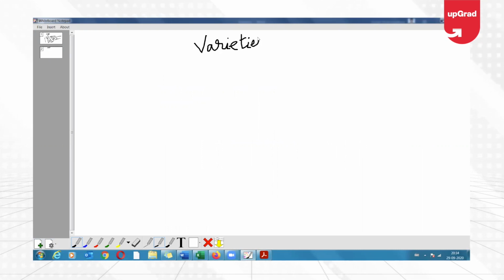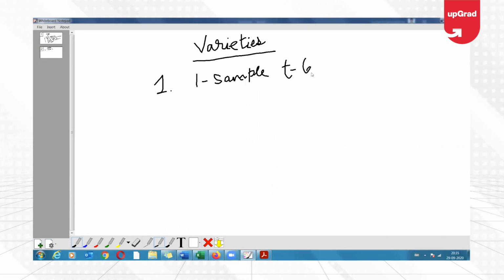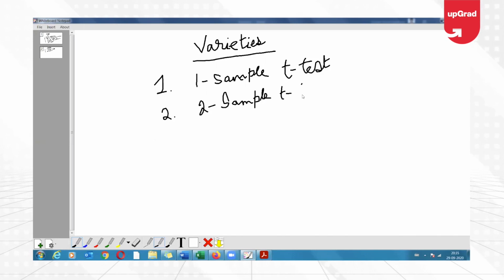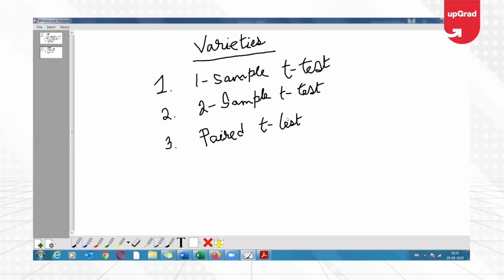So the main varieties of t-test are one sample t-test, two sample t-test, and paired t-test. So let's look at each of these problems one by one.